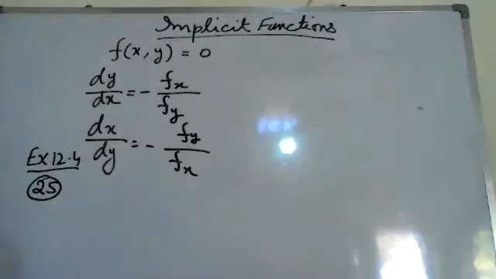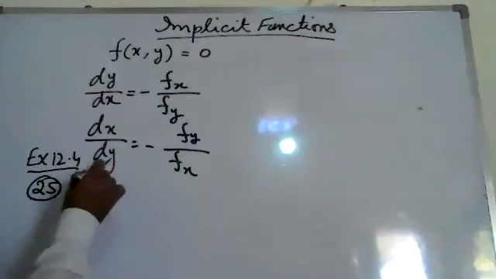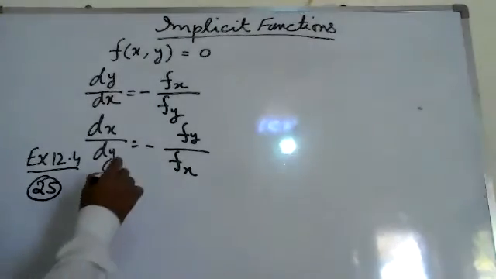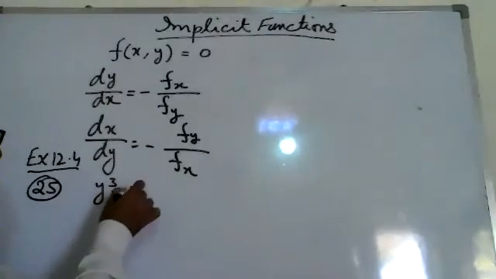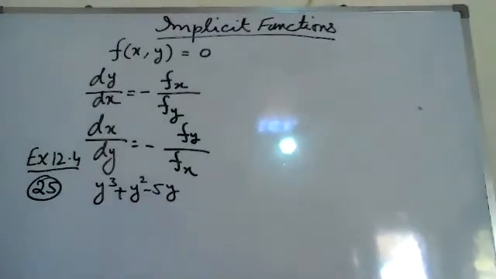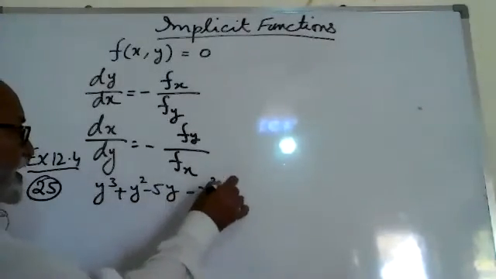Y cube plus y square minus 5y minus x square plus 4 equal to 0.